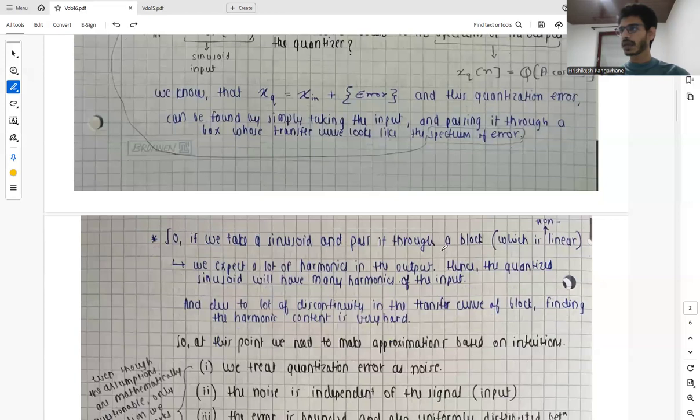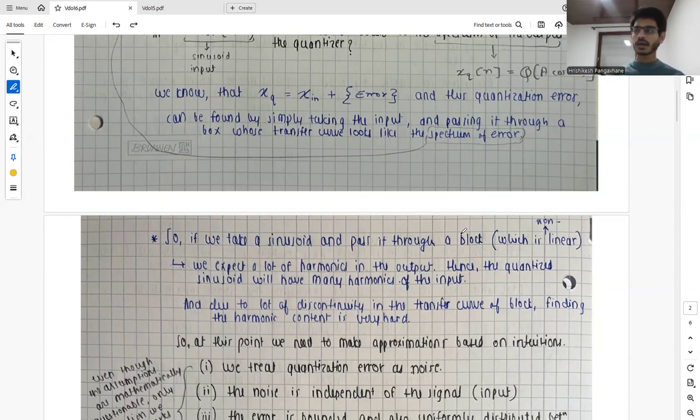And this is one thing to be noticed: hence the quantized sinusoid will have many harmonics of the input, or the fundamental. Due to the many discontinuities in the transfer curve of the block, finding the harmonic content is very hard. We know many harmonics will exist, but finding exactly the magnitude of the harmonics is very hard because we have a lot of discontinuity.